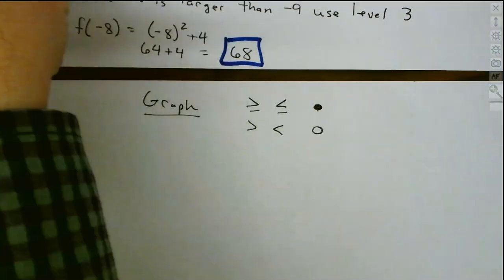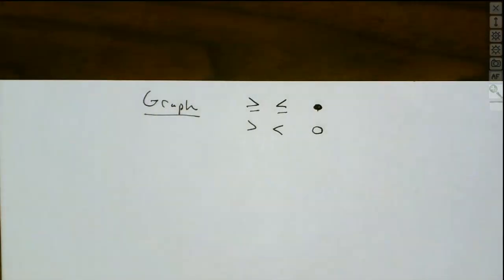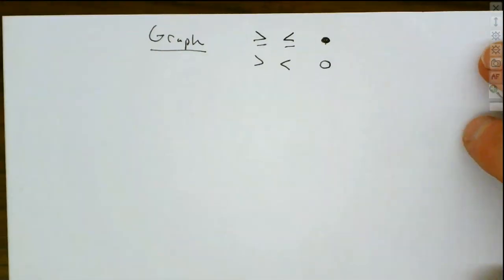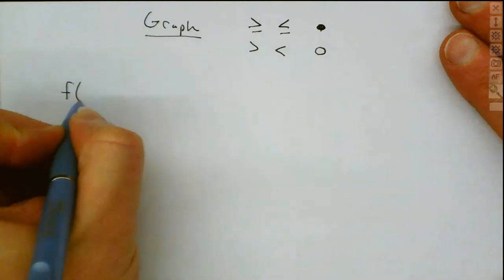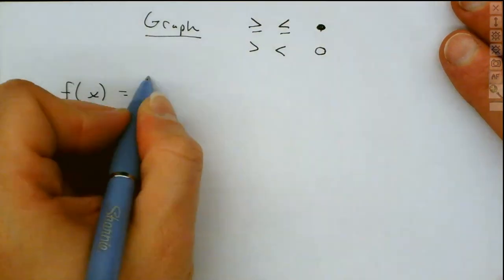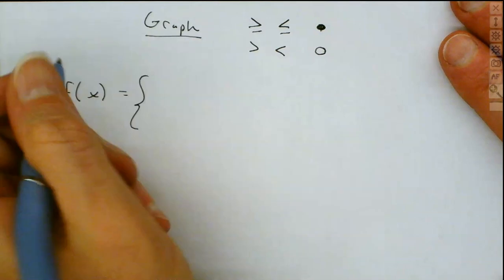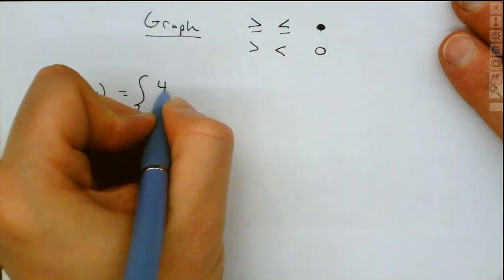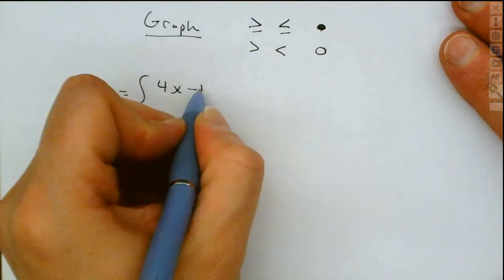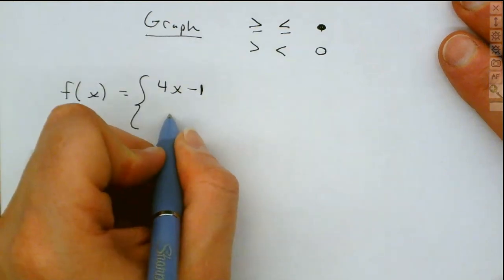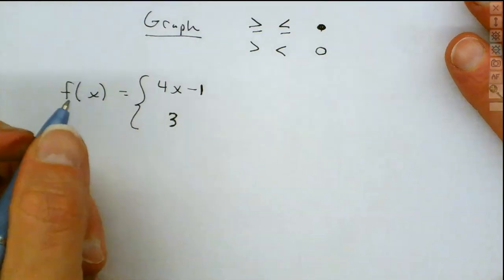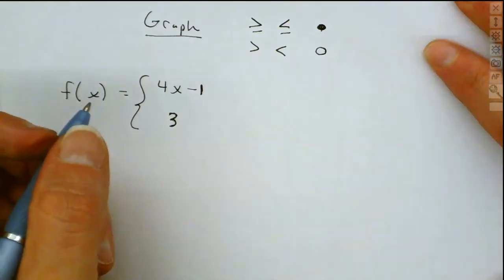So I'm going to give you a function, and we're going to graph this function. And this one has 2 levels. And I'll make it similar to what's in your homework.